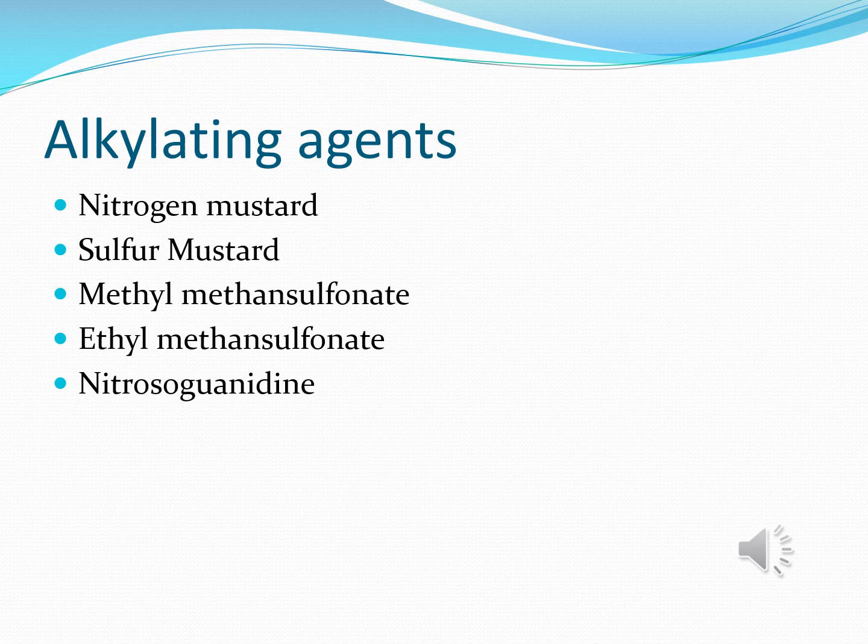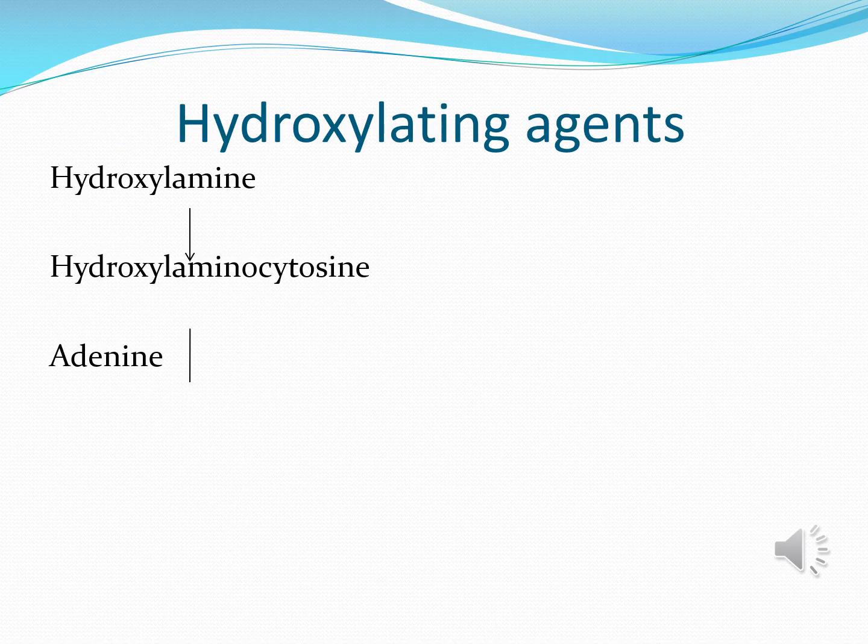Many are potent carcinogens and are found in industrial pollutants, cigarette smoke, and chemical weapons. Paradoxically, some alkylating agents are used in chemotherapy, such as cyclophosphamide, because they preferentially kill rapidly dividing cancer cells, though with significant side effects.